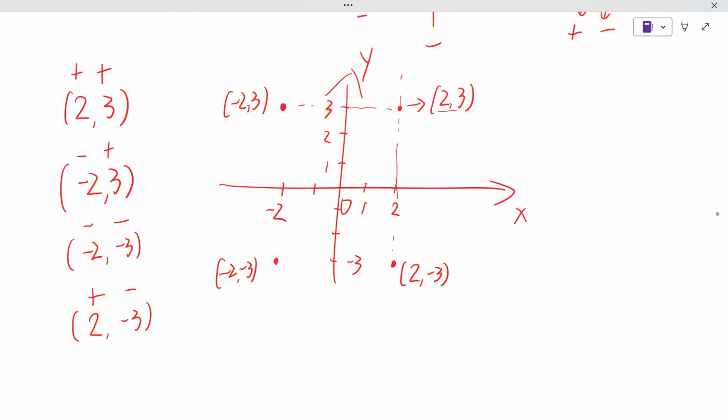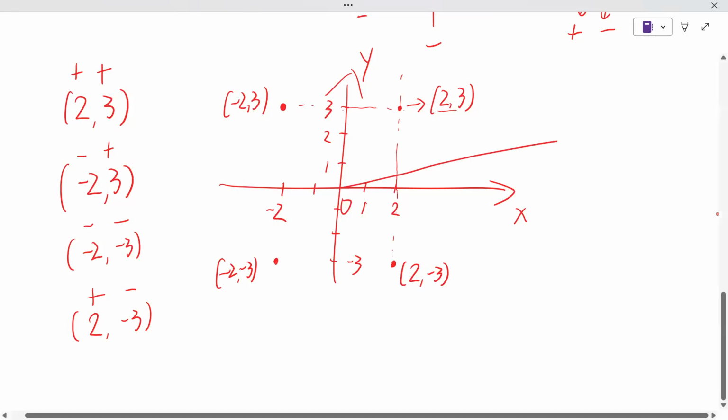Also, the origin. This is always called the origin. The origin is the intersection of the x-axis and the y-axis.